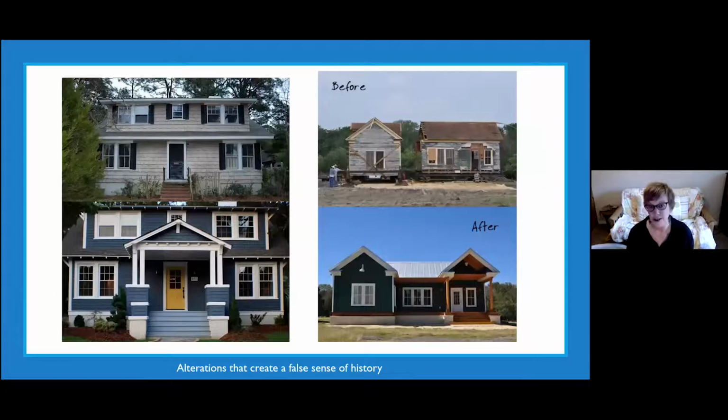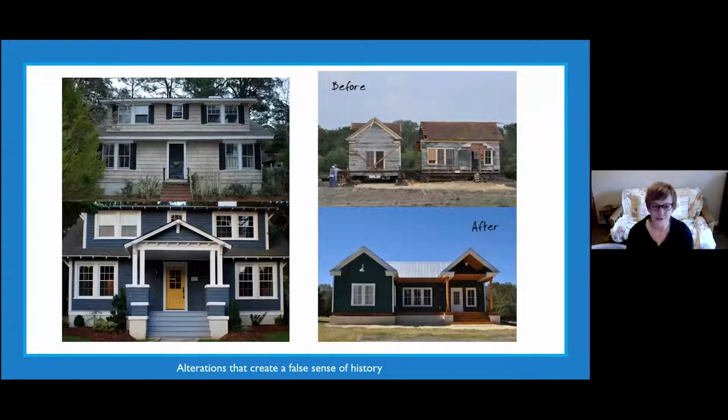But these are some alterations that would create a false sense of history. So you see here on the left, they decided to add a new porch, very historical in appearance, kind of craftsman style, added additional craftsman detailing, but there's no evidence that the house had these features originally.